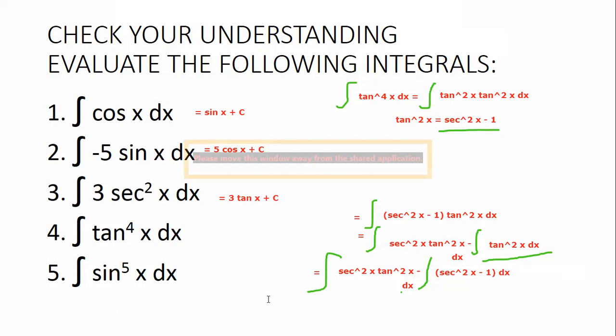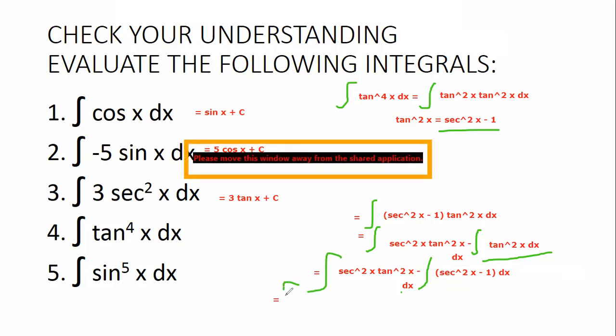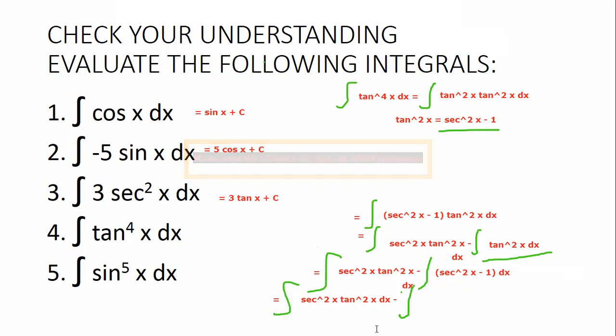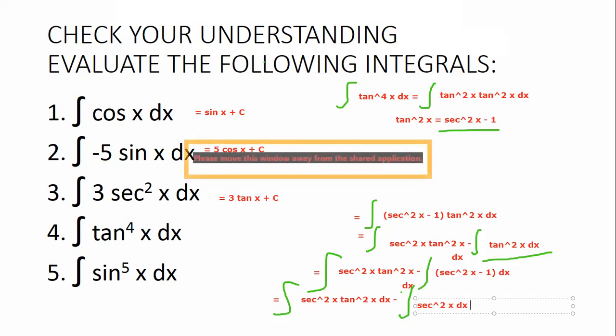Okay, so distribute. This will be the integral of secant squared x tangent squared x dx, minus the integral of secant squared x dx, and plus the integral of dx.